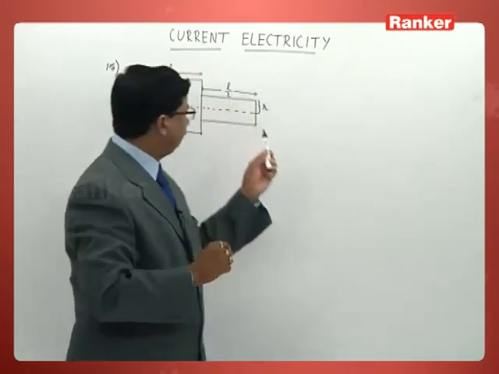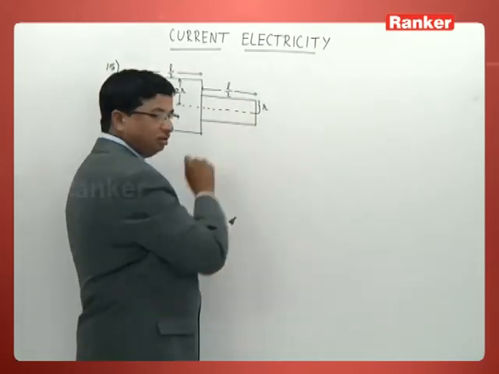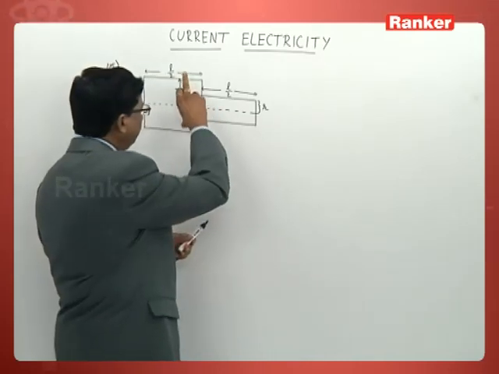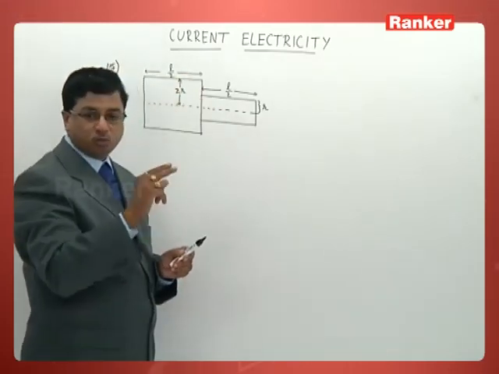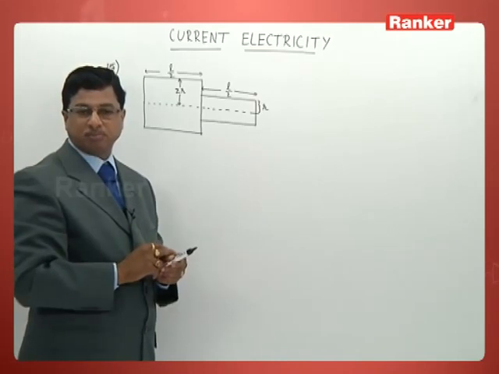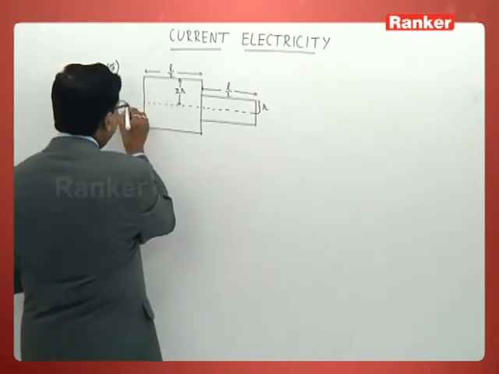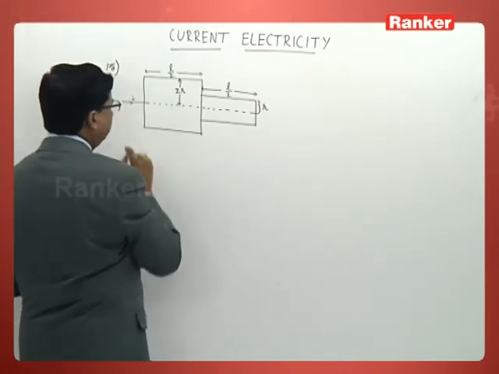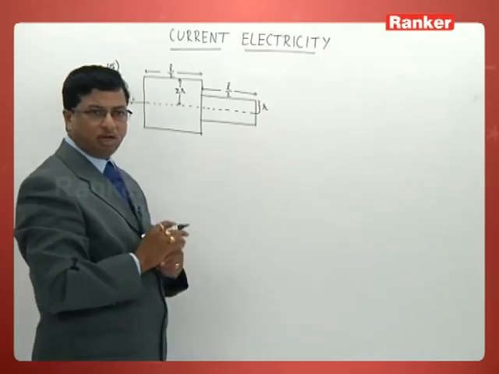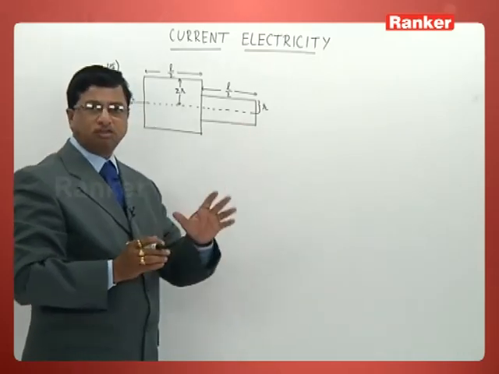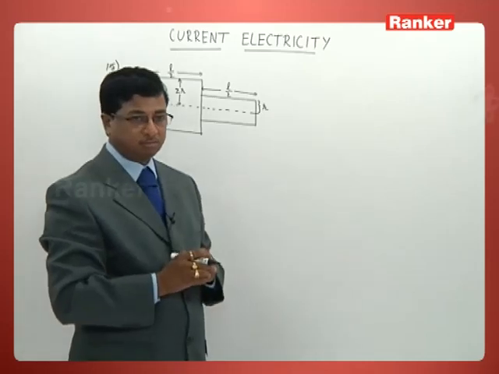The radius of this portion of the bar is r. The radius of cross section of this portion of the bar is 2r. That's what has been given. And of course the same current I is passing through the system. That is one aspect that has been given.